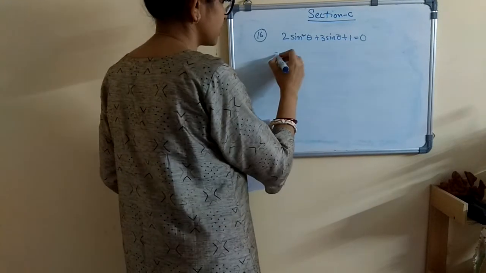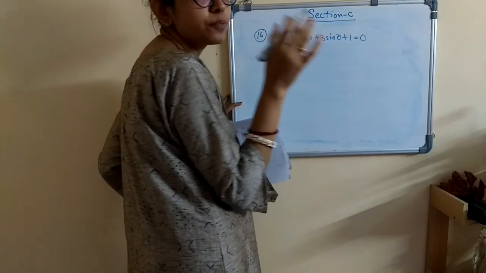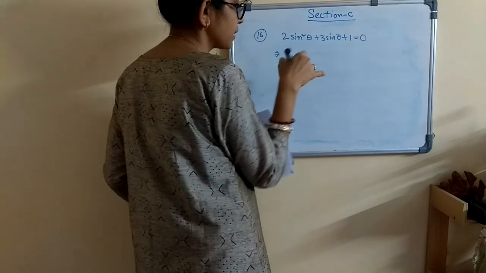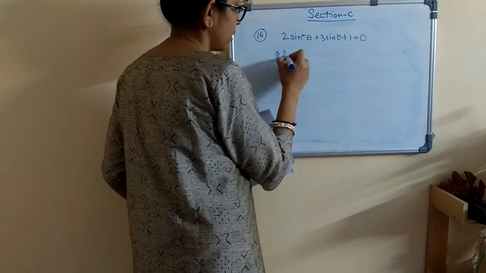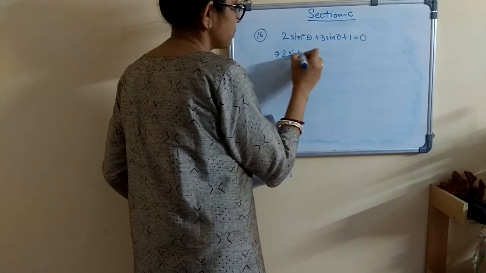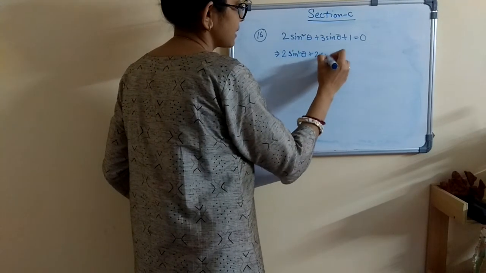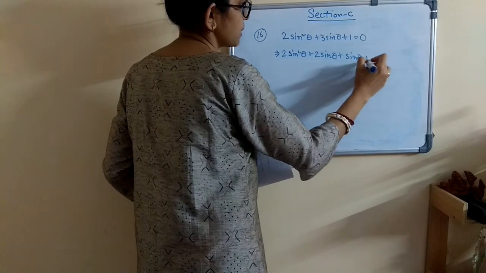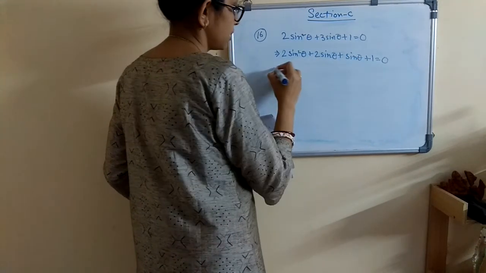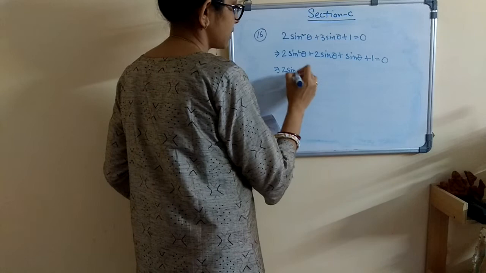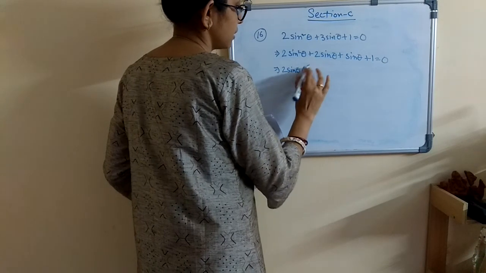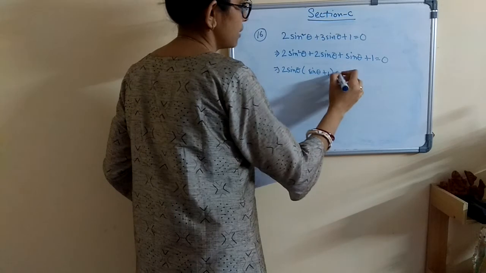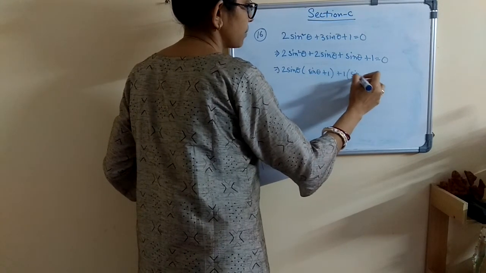This is the condition. So for this we have to find two factors so that we can find the values of theta. So the two factors will be, let's write it like this, 2 sin square theta plus 2 sin theta plus sin theta plus 1. So let's take 2 sin theta common, then it will be sin theta plus 1 into sin theta plus 1.